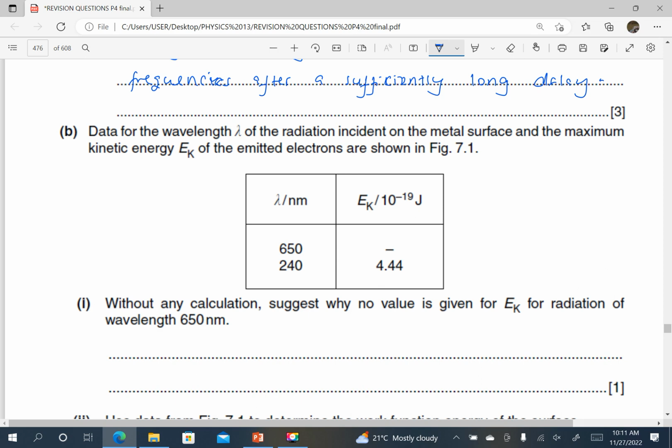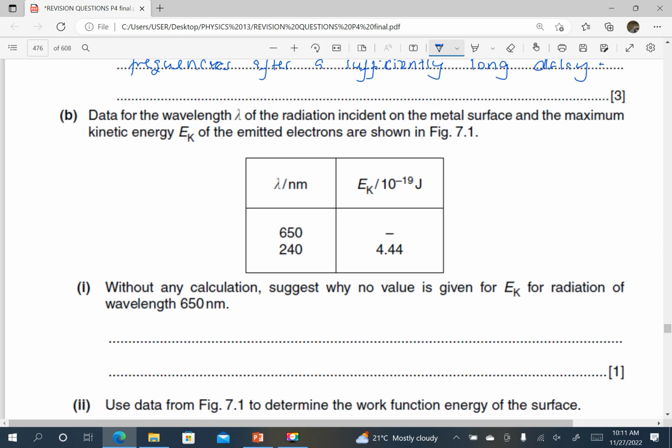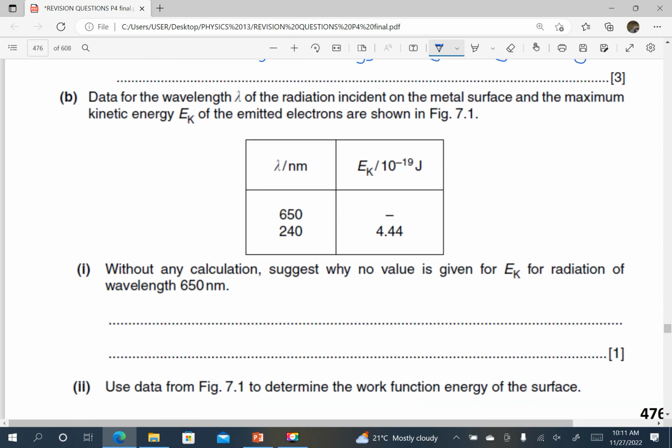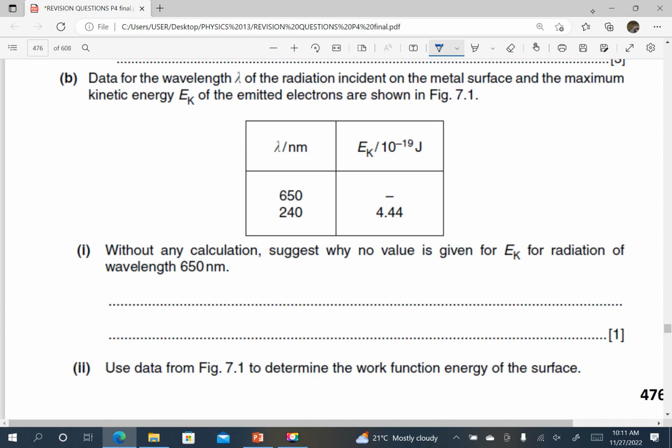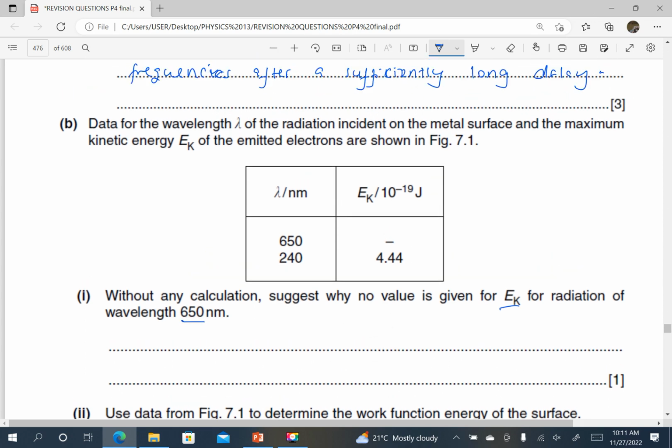Data for the wavelength of the radiation incident on the metal surface and the maximum kinetic energy of the emitted electrons are shown in the table here. Without any calculation, suggest why no value of Ek is given for the radiation of wavelength 650 nanometers.